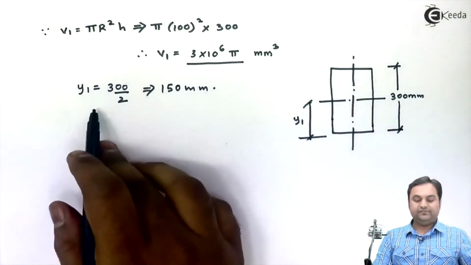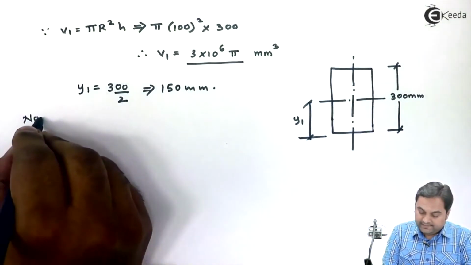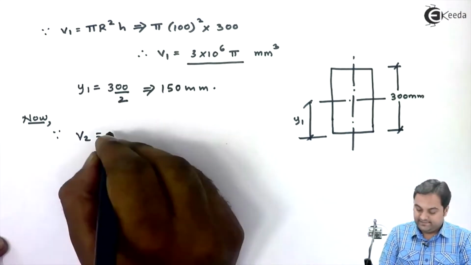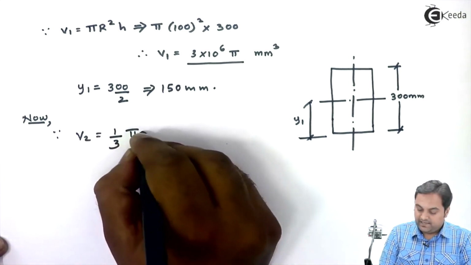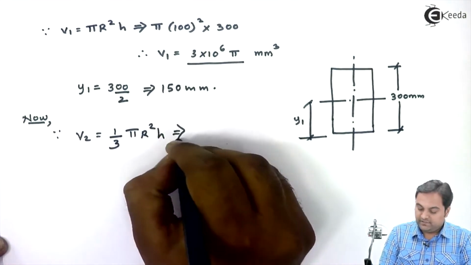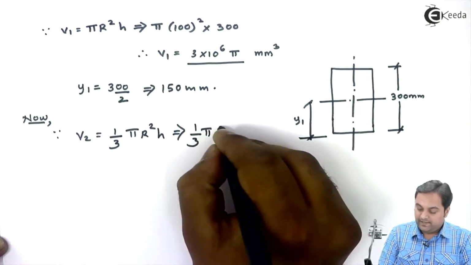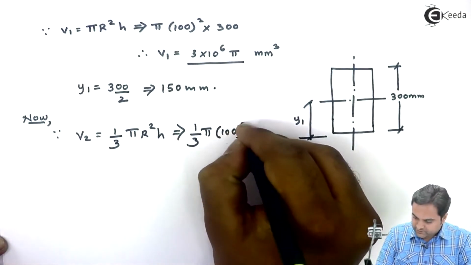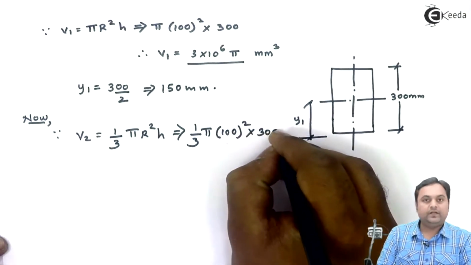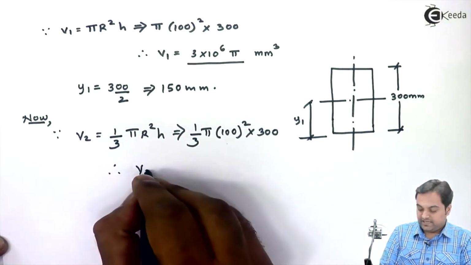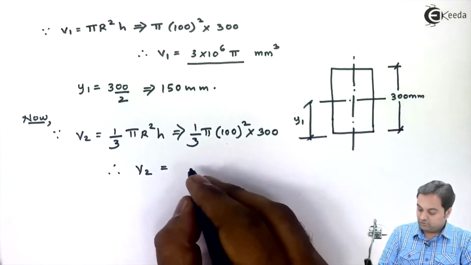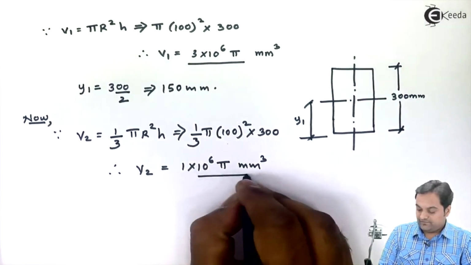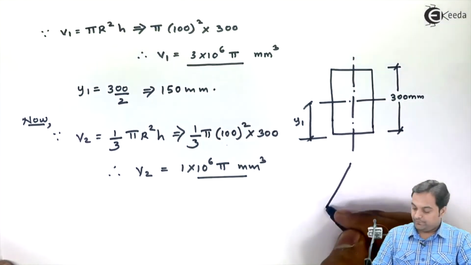After getting V1 and Y1, now I'll get V2 and Y2. Since V2, volume of the cone, is given by 1 upon 3 pi r square h, this is equal to 1 upon 3 pi. Radius of the cone is same as the radius of the cylinder, so it is 100 square into height, also same, 300. So from this I will get the value of V2, that comes out to be 1 into 10 raised to 6 pi mm cube.